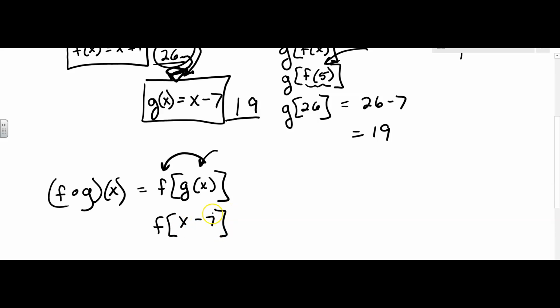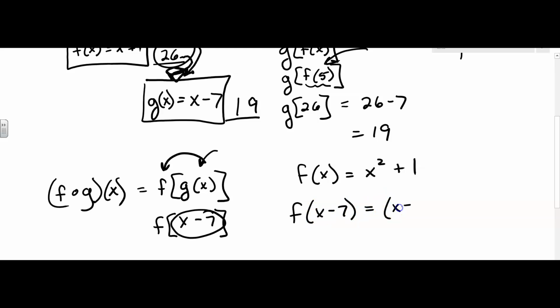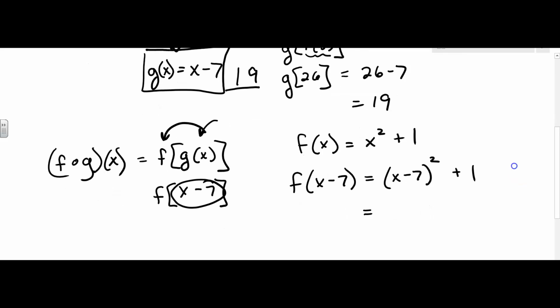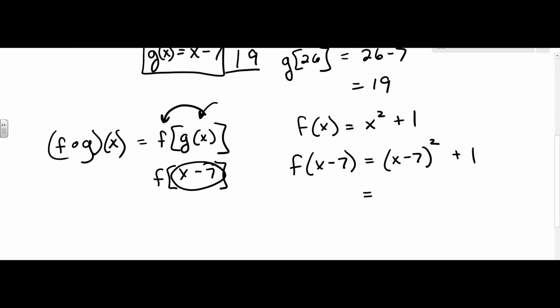So then you could actually take that x minus 7 and put it into the f function. So the f function, f of x, was x squared plus 1. That's what they gave us. So now what we're saying is, what is f of x minus 7? Well, that's going to be (x minus 7) squared plus 1. And then we can square that binomial. So again, if it's been a while since you've had some algebra, square the binomial. x squared minus 14x plus 49 plus that 1.